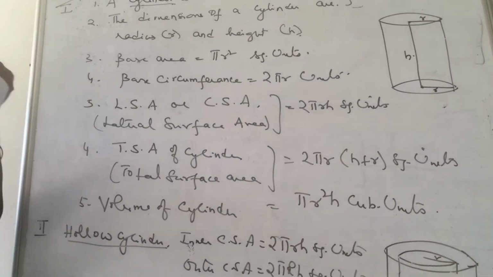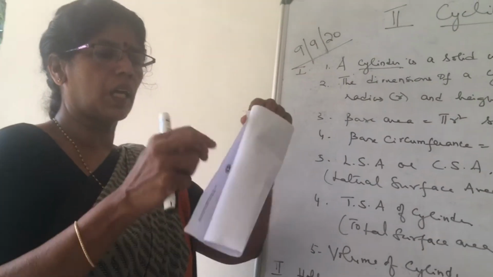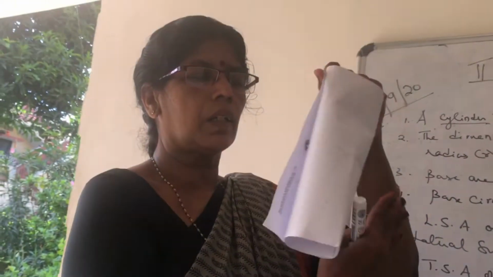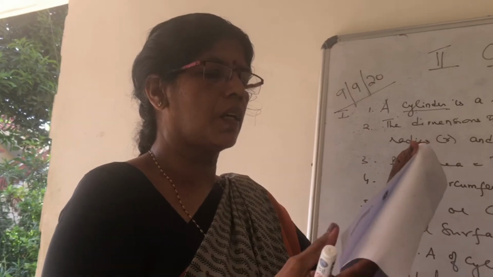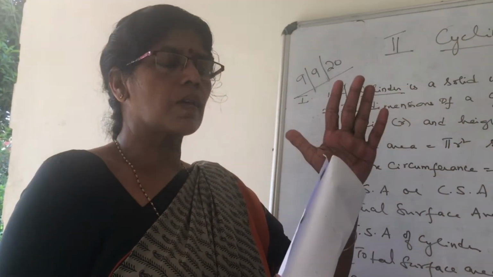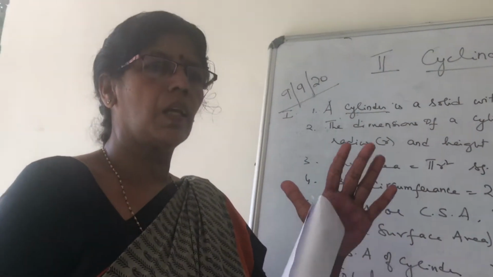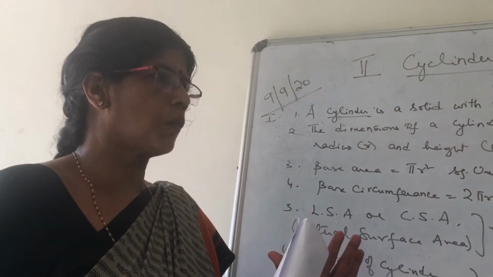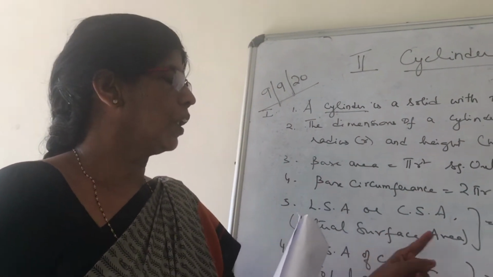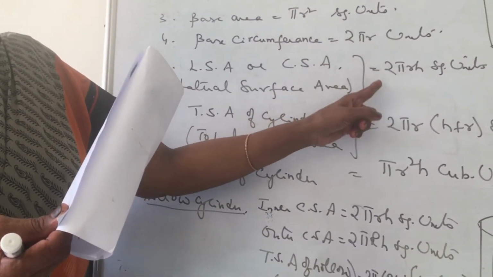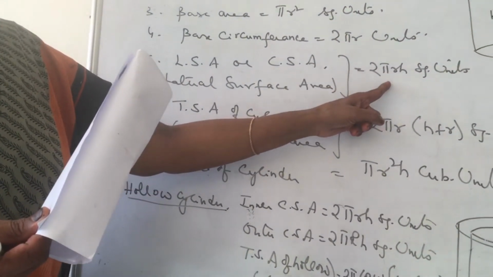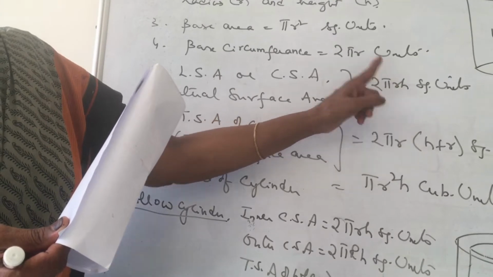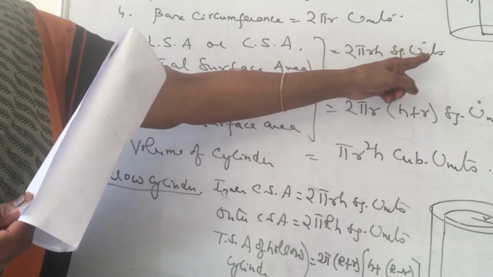Lateral curved surface area is nothing but circumference of the base into height. What is the circumference of the base? 2 pi r into h. So the LSA is 2 pi r h square units.